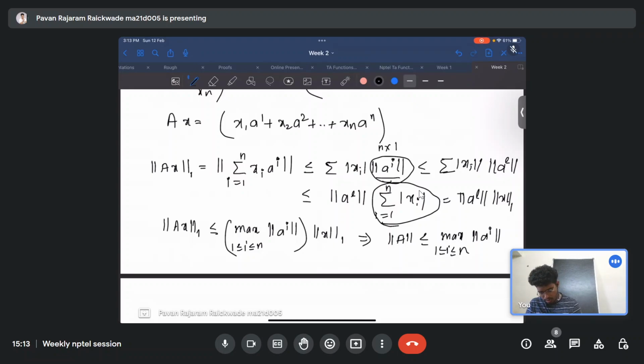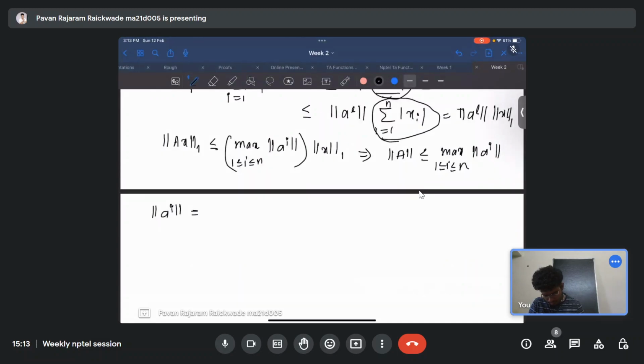And by the way, what is this norm of ai? It is the one norm of ai, so it is the summation of the modulus of the entries.